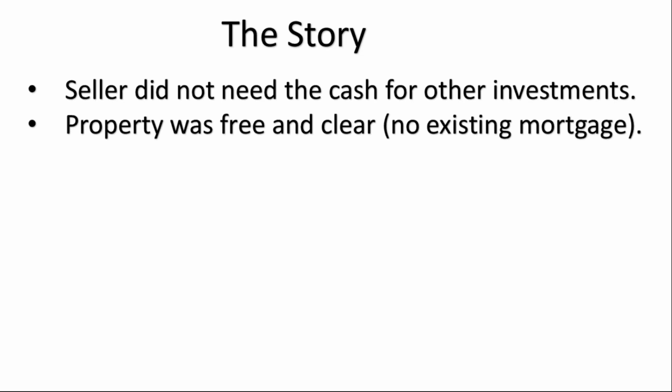So you have to understand the equity position on the seller side to see what options are available. So in this particular case, we knew that there was no existing mortgage on the property.